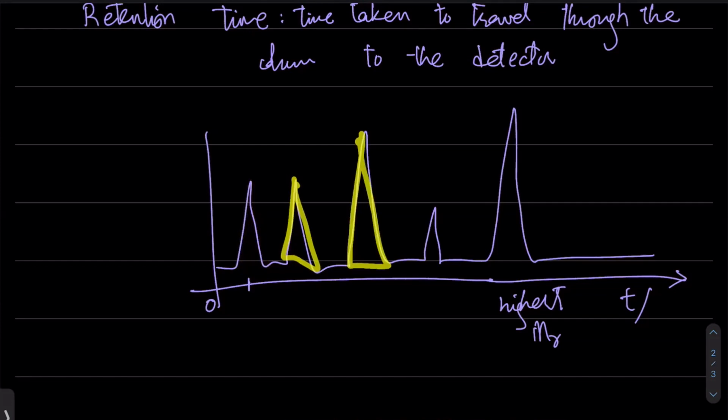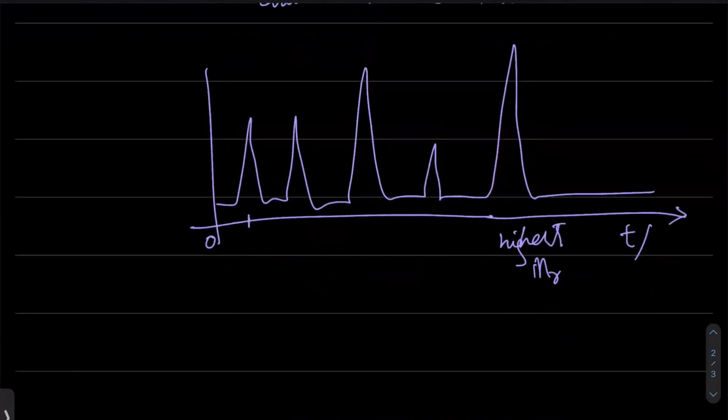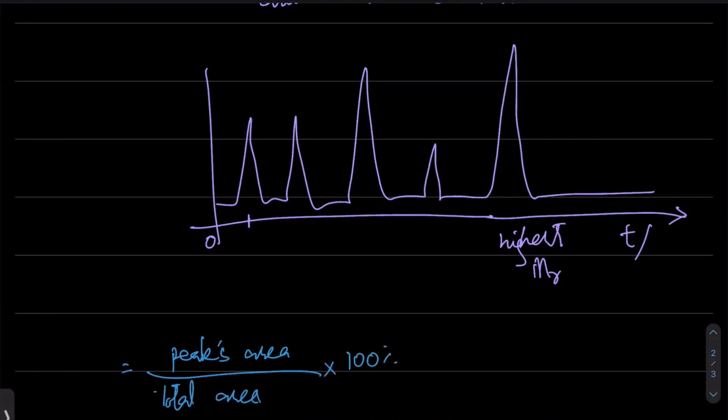So we will keep adding the areas of all these triangles and we will divide the individual area by the total area. Okay, so each peak's area divided by total area times 100% tells me how much proportion of that one existed.